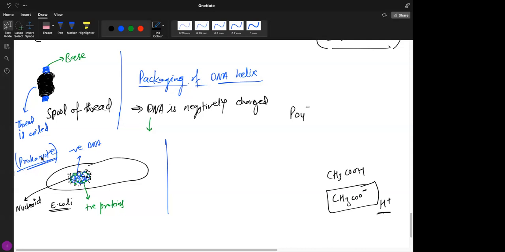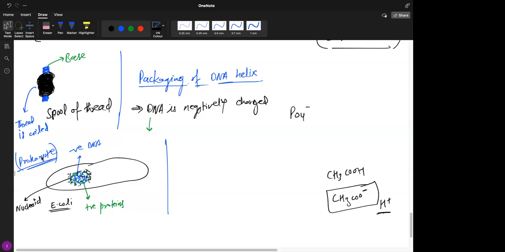So write down: in eukaryotes, the organization of DNA is much more complex, and is done by positively charged basic proteins called histones.